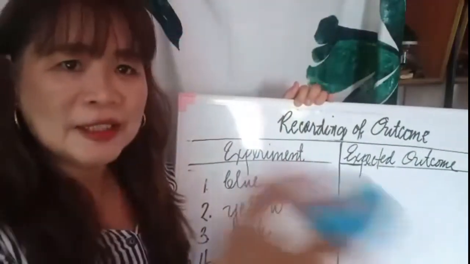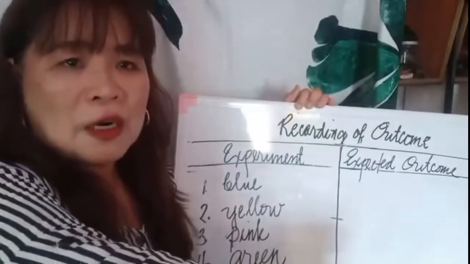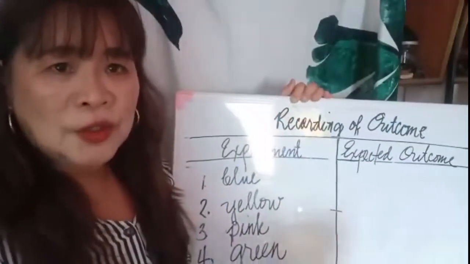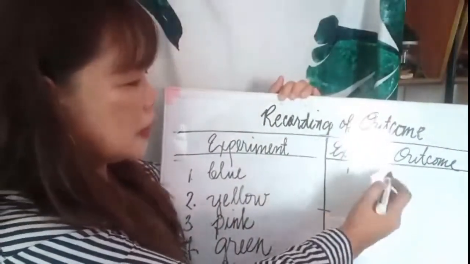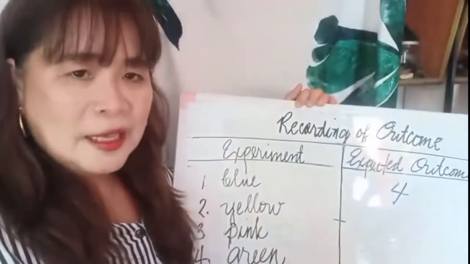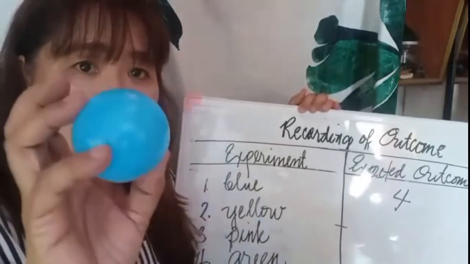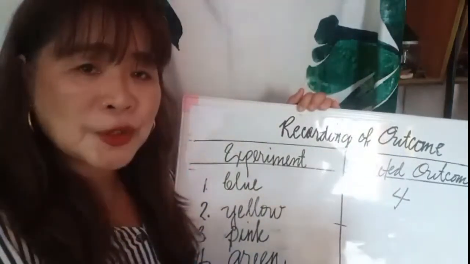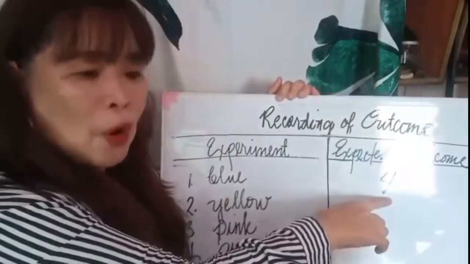1, 2, 3, 4. So let us write here the expected outcome is 4. Meaning to say that if you are going to get the blue balls, the expected outcome is that you are going to get 4 blue balls.